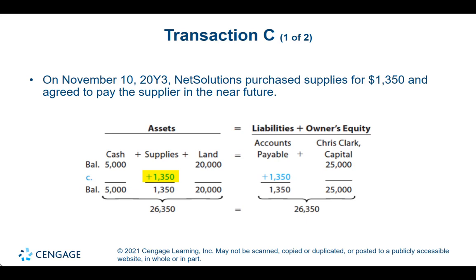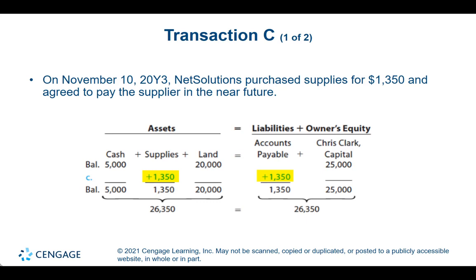And we call this obligation accounts payable. We record the increase in accounts payable, again, an obligation. We have a liability. Accounts payable is under liabilities, and it's increased by $1,350.